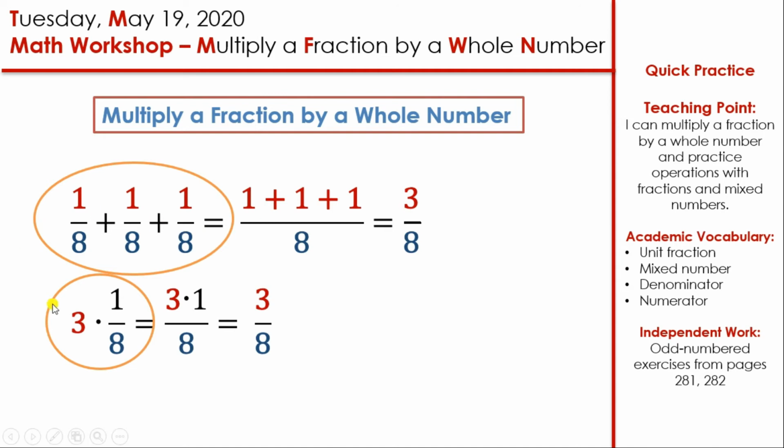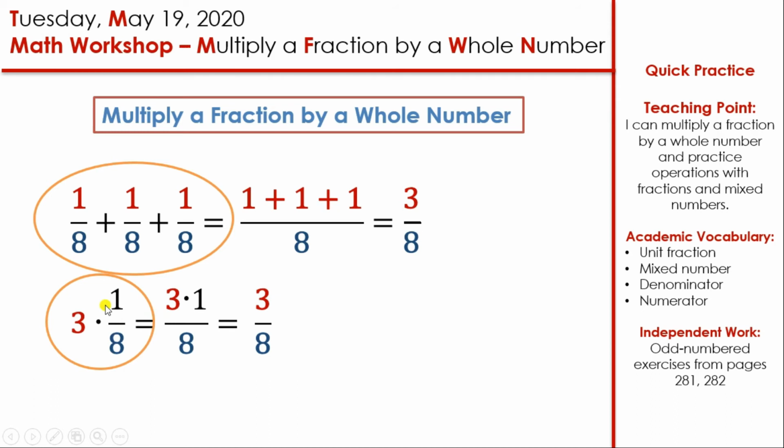So what I'm doing right here is saying that I have three groups of 1/8. The pattern that I should follow to multiply a fraction by a whole number is that I multiply the whole number times my numerator, and I won't touch the denominator.